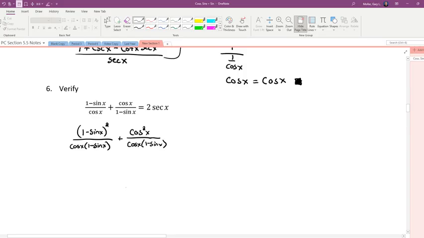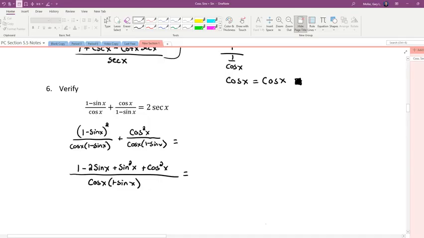Now I can combine them together, but I'm going to FOIL this out. This is a shortcut, or FOIL it out yourself: square the first term. The middle term is going to be multiply them together and double, so that becomes 2 sine of x, plus sine squared x plus cosine squared x over cosine of x 1 minus sine of x.